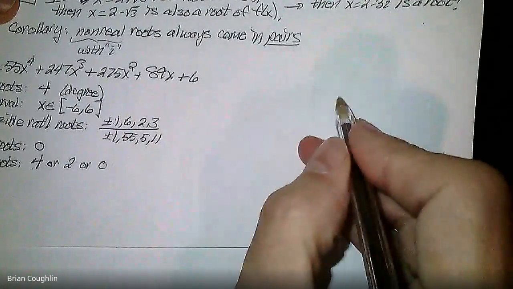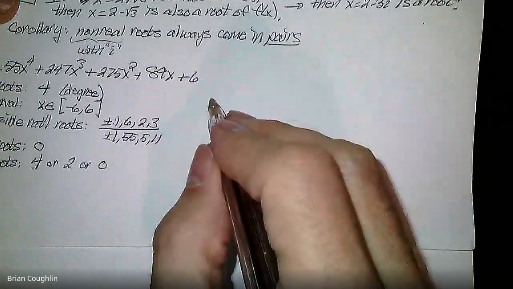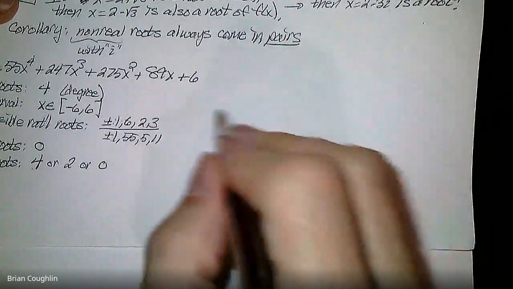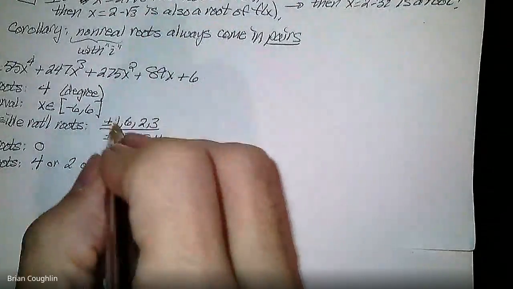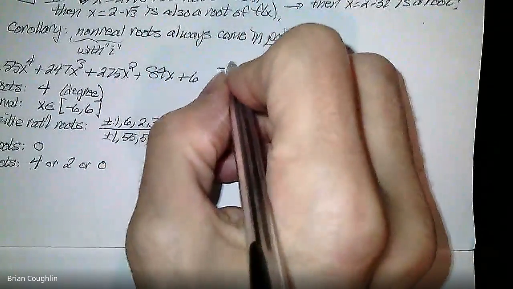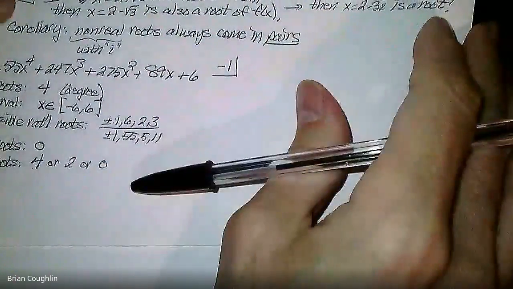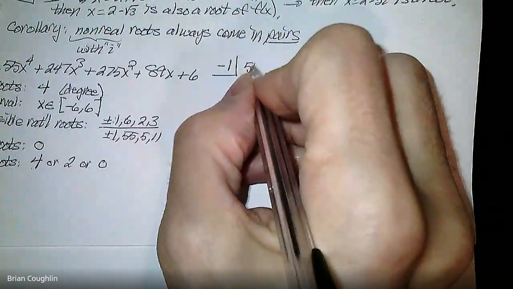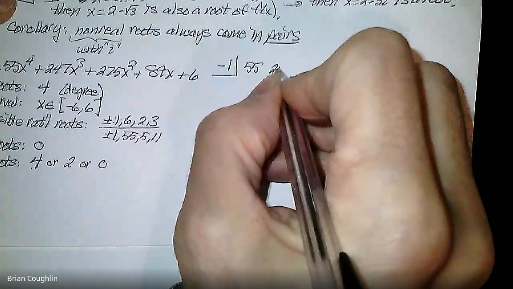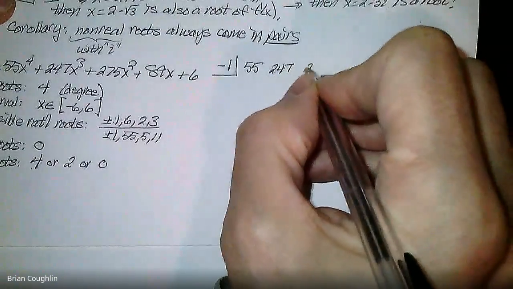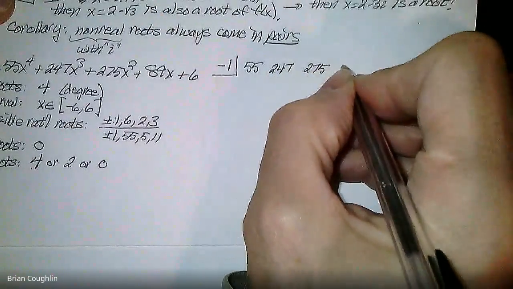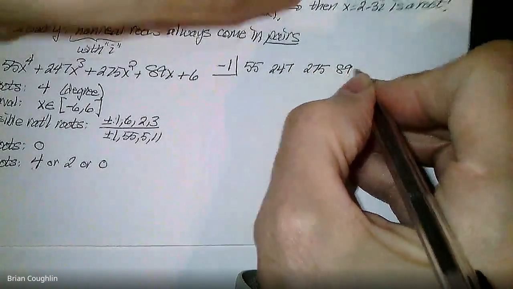And if it does work, you'll have already ripped the root out, and there'll be a new polynomial in the bottom row. Let me show you what I'm talking about. Let's just be easy and try -1 as the first guessed root. This is called the box number. I'm going to fill in the coefficients for synthetic division: 55, 247, 275, 89, and 6.